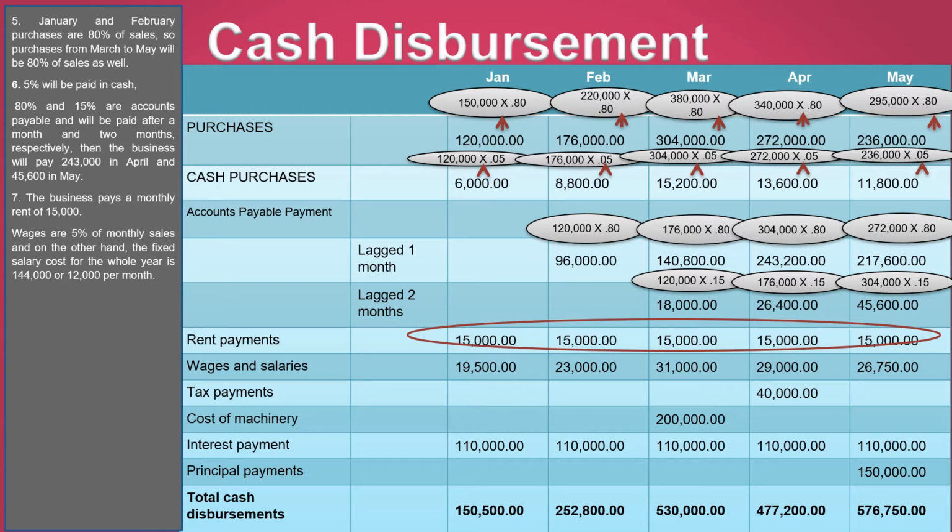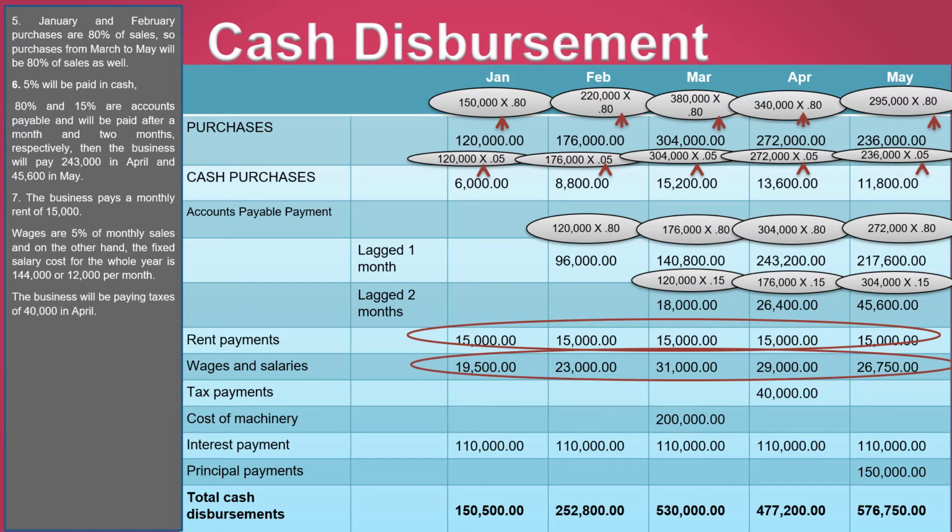Again, wages are 5% of monthly sales. So we have to go back to our cash receipt schedule to get the figure of our sales, and then you'll get the 5% of it plus the 12,000 monthly, and that's how we got this figure.